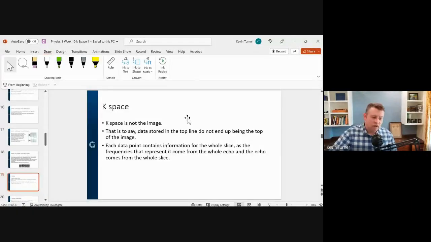If there's data on the top half of K-space, that doesn't mean it's in the top half of the patient or on the top half of the image that's generated, right? So data stored in the top line does not end up being on the top of the image, right? So you can't say, oh, something's in the center of K-space. Like, let's say you're planning your slices, right?